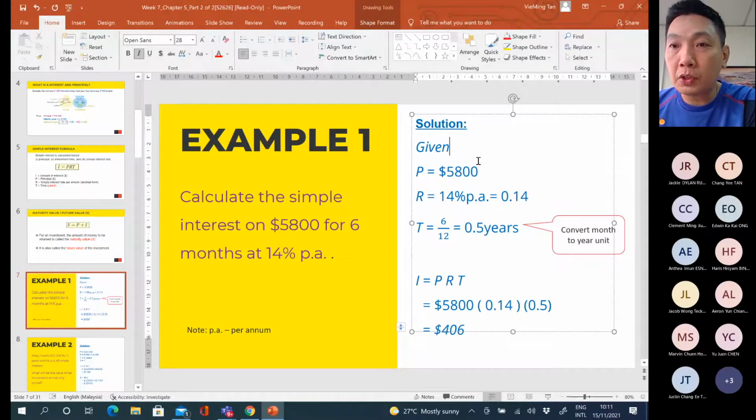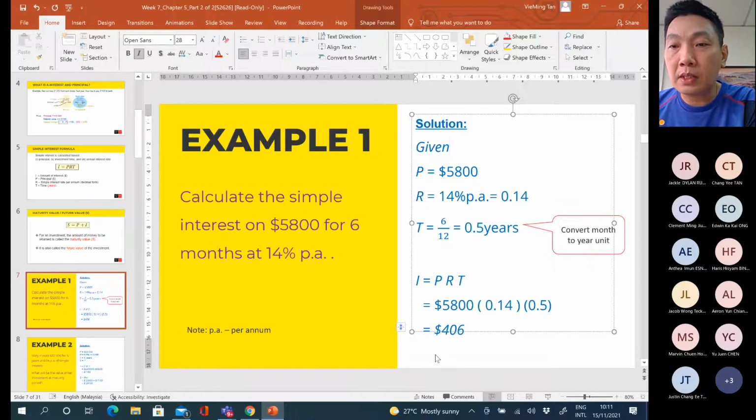Okay, so remember, you need to change month to year when you want to use the formula I equals PRT in order to get the answer for I. Once you have these 3 pieces of information, then you can calculate the I value. So I is equal to 5,800 multiplied with R, which is the interest rate, multiplied with the investment period, which is half year.